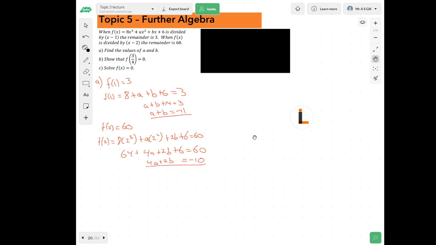So you can see here first, when we use the remainder theorem, we get two equations involving A and B. Anytime we have two equations involving the same two unknowns, we need to solve them using simultaneous equations. That alarm bell should be going off ahead of how we're going to go about solving these equations.